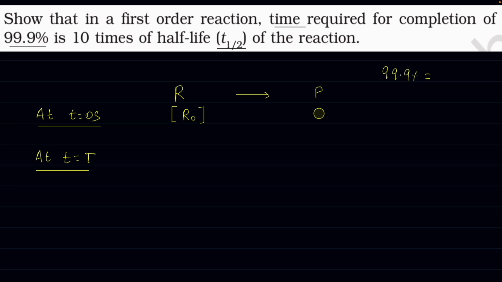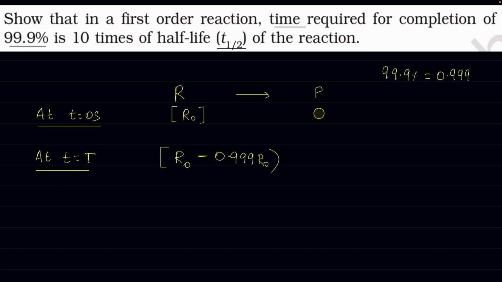99.9% can also be written as 0.999. So if initially we had R naught concentration and 99.9% of the reaction is completed, then definitely there is a loss of the concentration of R. So what is the new concentration of R? It is written as R naught minus 0.999 R naught.